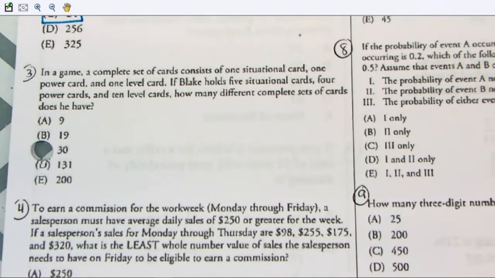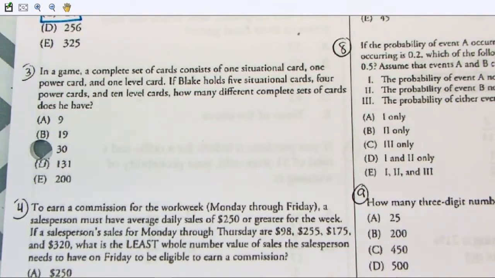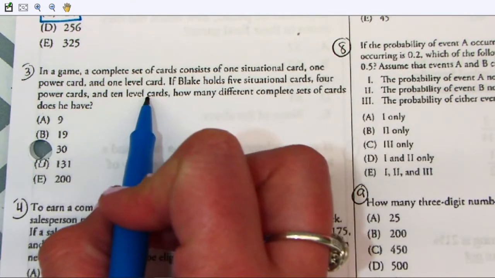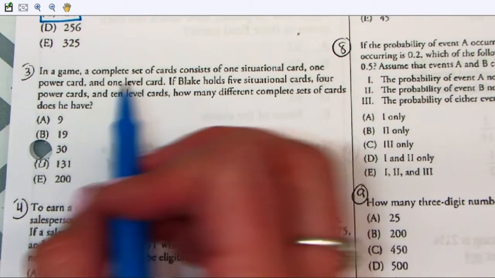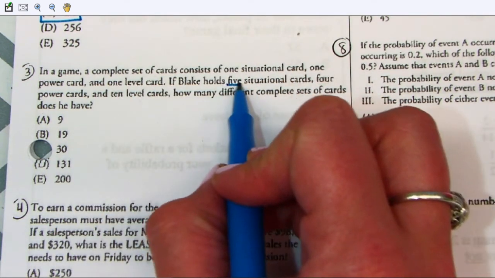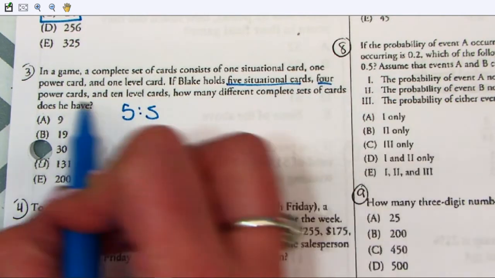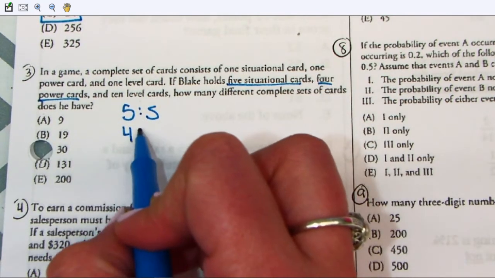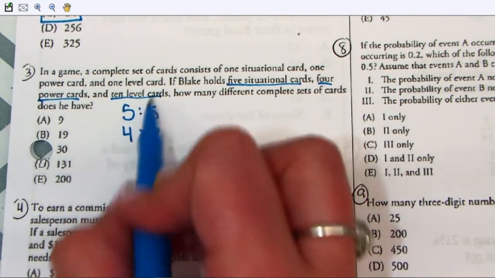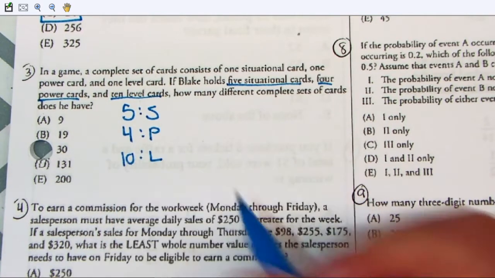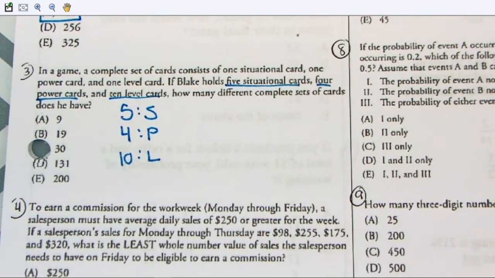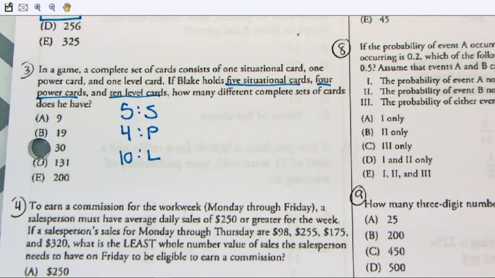Number 3, in a game, a complete set of cards consists of 1 situational card, 1 power card, and 1 level card. If Blake holds 5 situational cards, 4 power cards, and 10 level cards, how many different ways can he have a set of 3? So in these kinds of problems, again, different card groups.